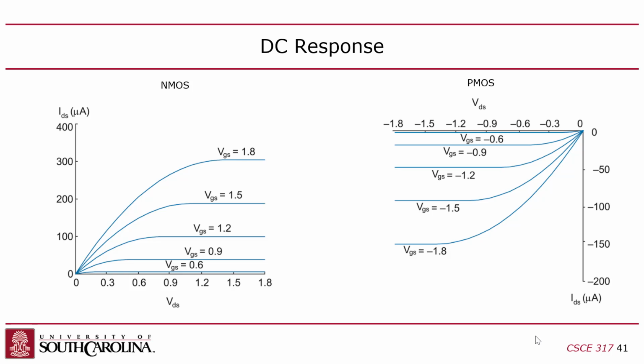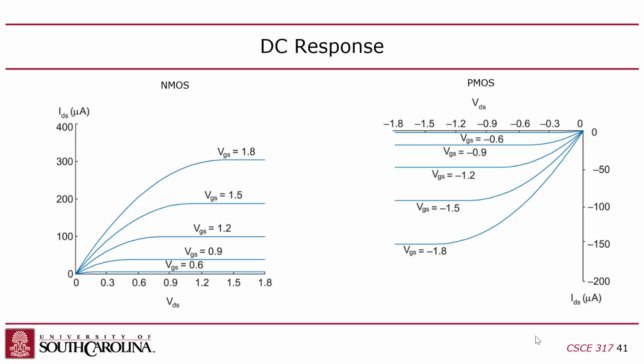At 600 millivolts, you're basically in cutoff, because we're below the threshold, so this line is flat. But at 0.9, which is just above the threshold, it looks like you saturate around 500 millivolts drain source or so. And at 1.8, where you have it wide open, you saturate around 1.2 volts.